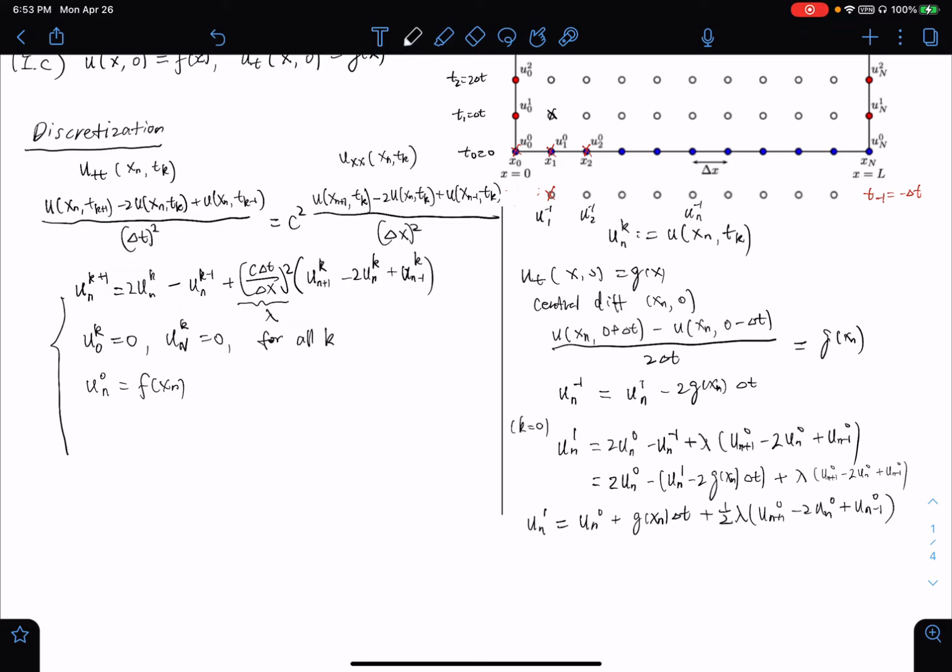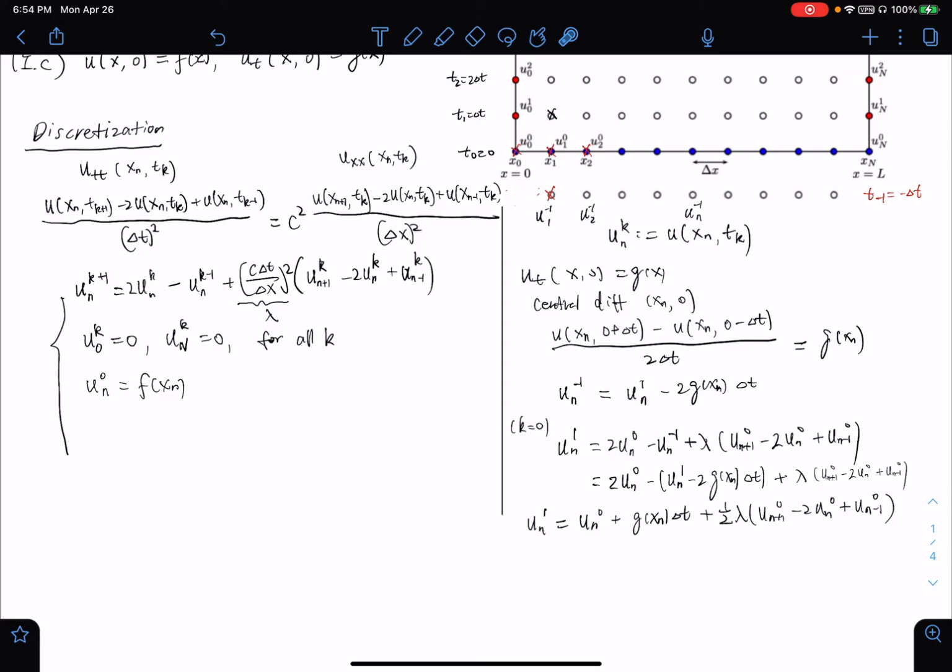Okay, so now we have eliminated the value on this fictional grid by this equation and have solved for these values. So in particular, this value will be determined by these three values only. And this value will be determined by these three values only. So we have a recursion formula now to determine the values at the first time step, delta t.